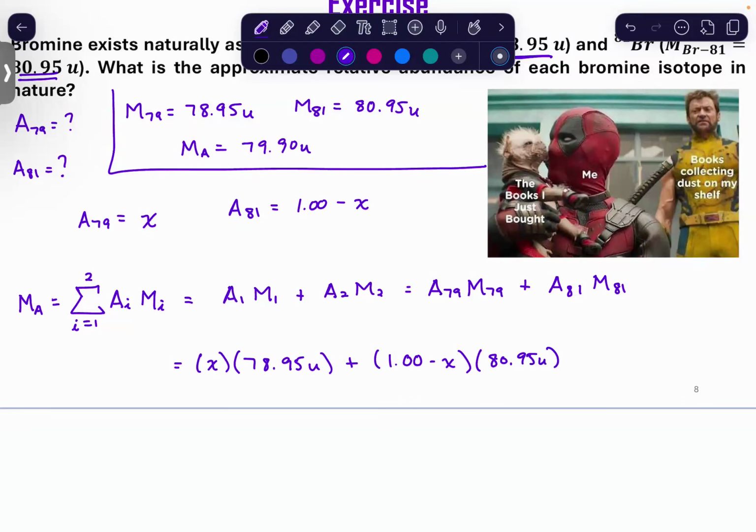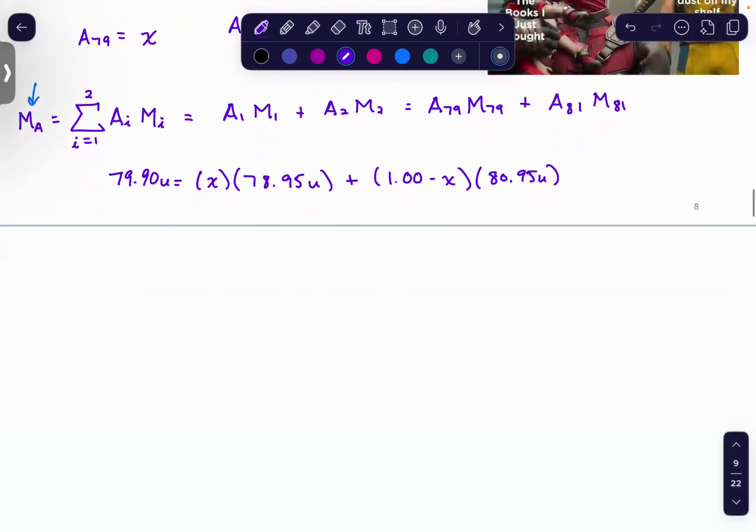80.95 U. But you notice here how this all equals the average mass of bromine. So what I'm going to do is plug in the 79.90 U. And so now I just solve for X. Well, the first thing I'm going to do is flip this equation because I like to have X on the left side.